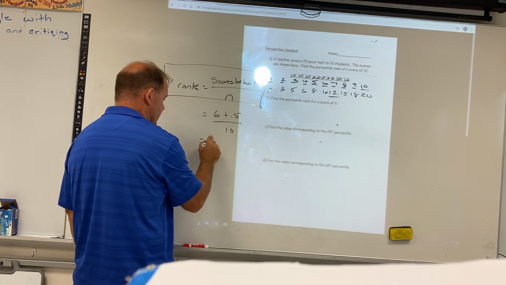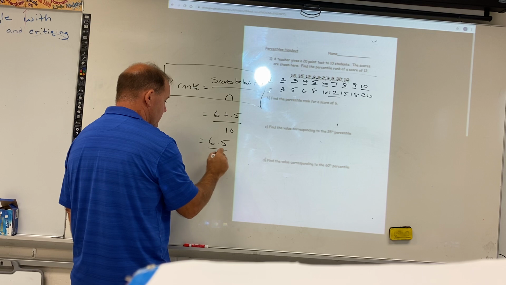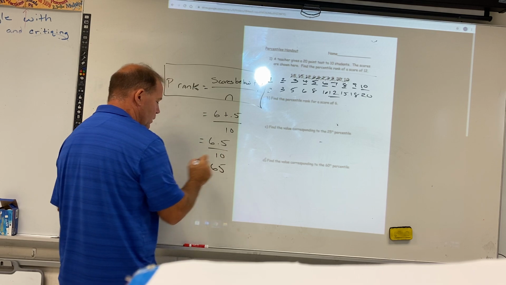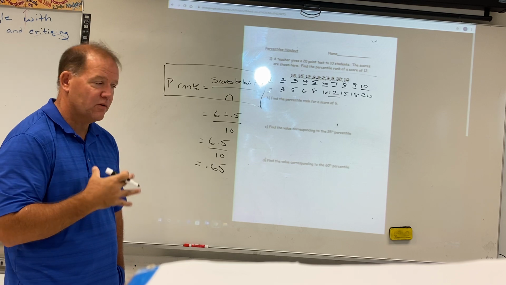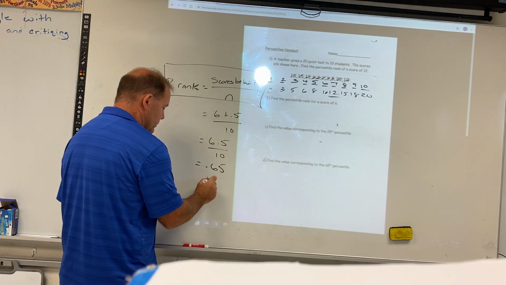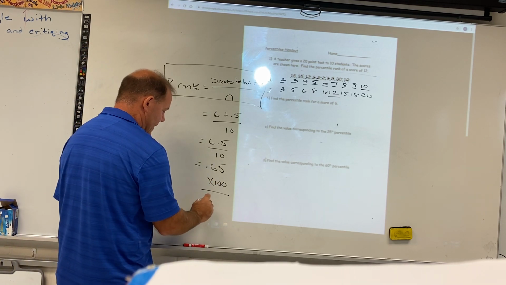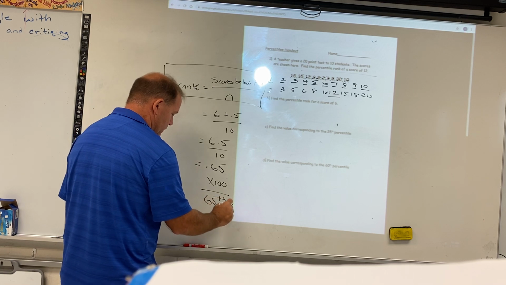So 6.5 divided by 10 is 0.65. And what does 0.65 mean in terms of percentile? When I multiply that by 100, that is the 65th percentile.